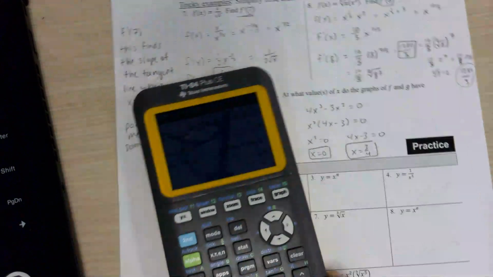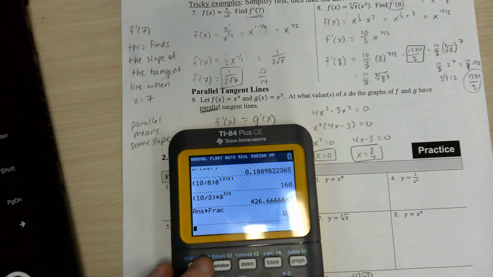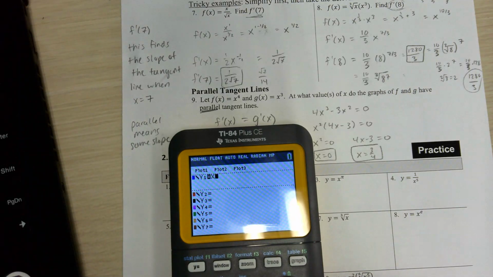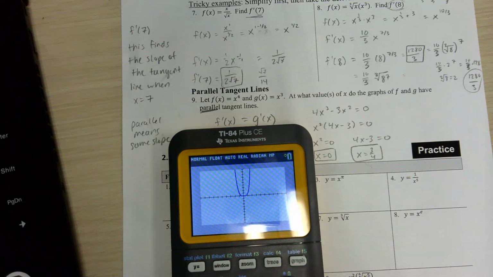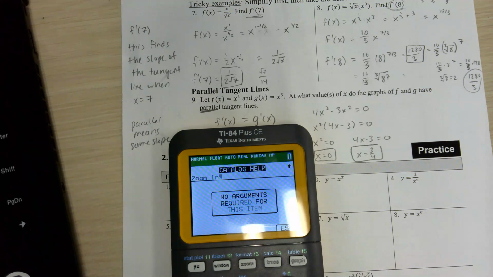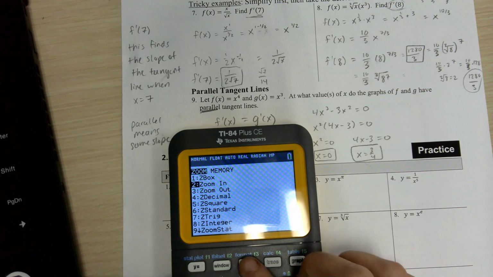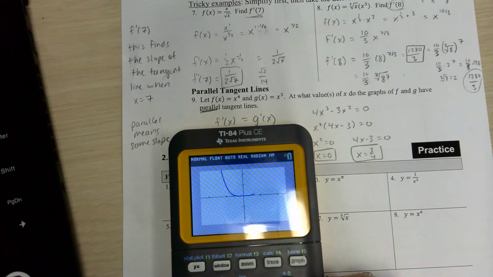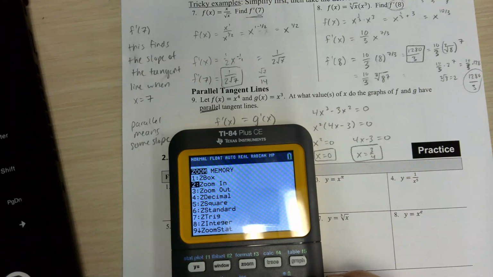Okay, and let's take a look at the graph to see why that is. So we have x to the power of 4 and x to the power of 3. We have these two graphs, right? So let's zoom in. Let's see if we can zoom in again.